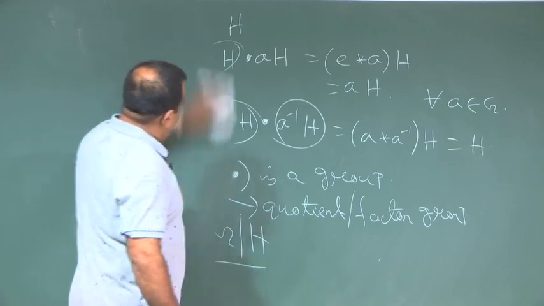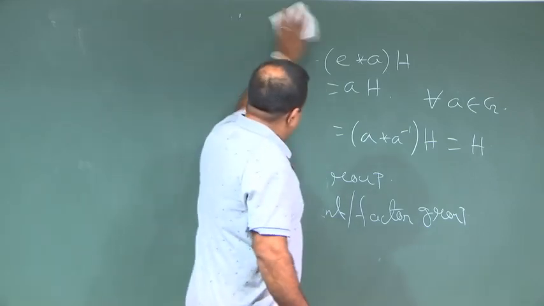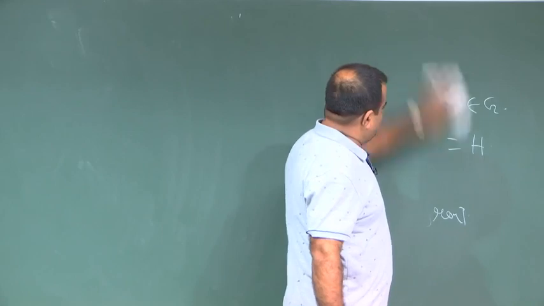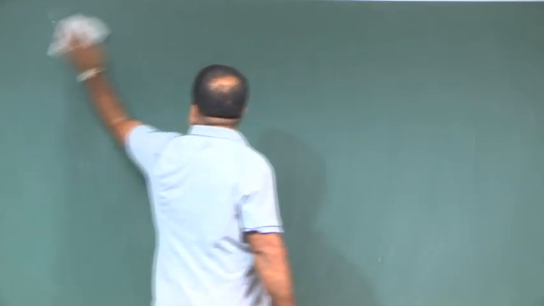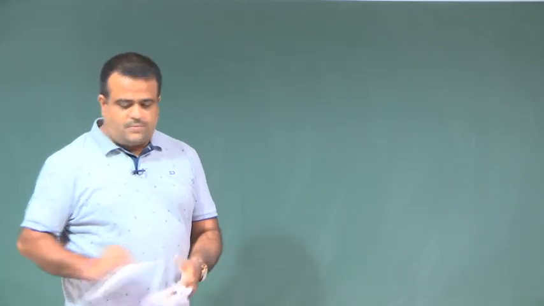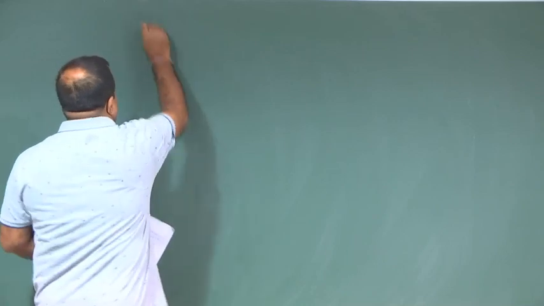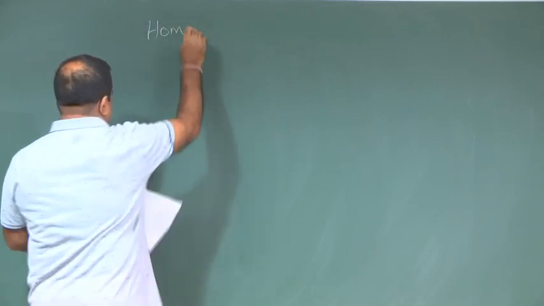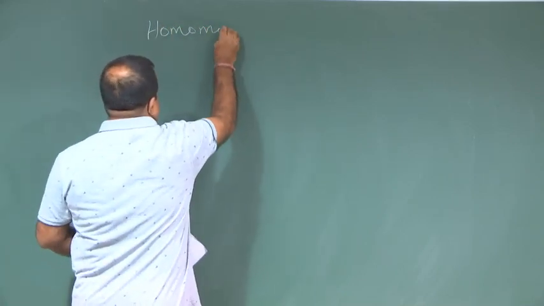Okay. So, now we will define a mapping from one group to another group, and when we call this mapping a homomorphism. So, we define a homomorphic function, homomorphism.